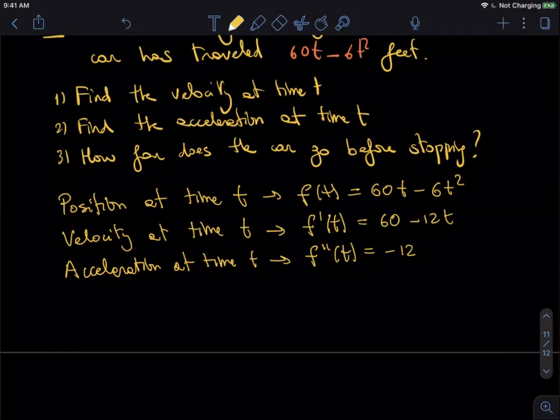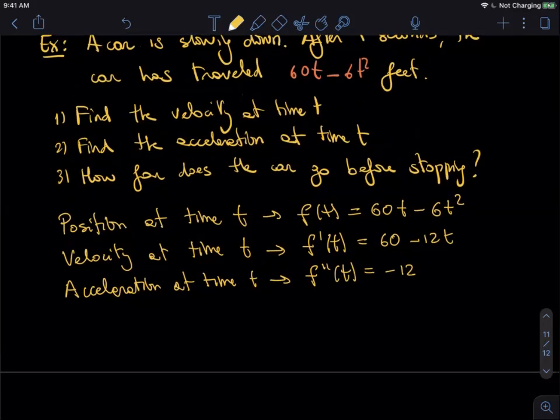Okay. So that answers the problem. So part one, find the velocity at time t. That is given by this formula, 60 minus 12t. That is the velocity.